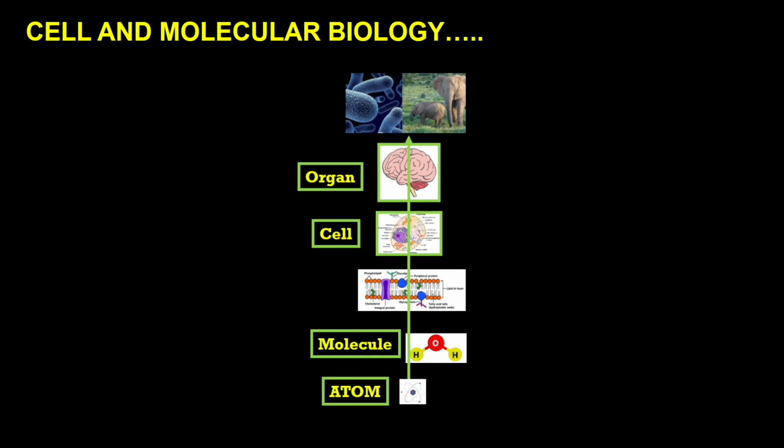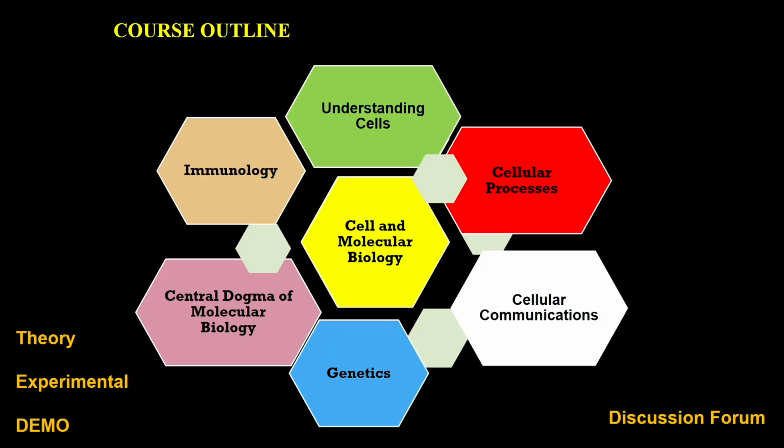So, in this particular course, we are going to discuss the cells, the different types of cellular processes, how one cell communicates with another cell, the genetic makeup of organisms and how information goes from one generation to another generation, what principles guide the flow of information from one generation to another, and then at the end we are also going to discuss some aspects related to immunology.